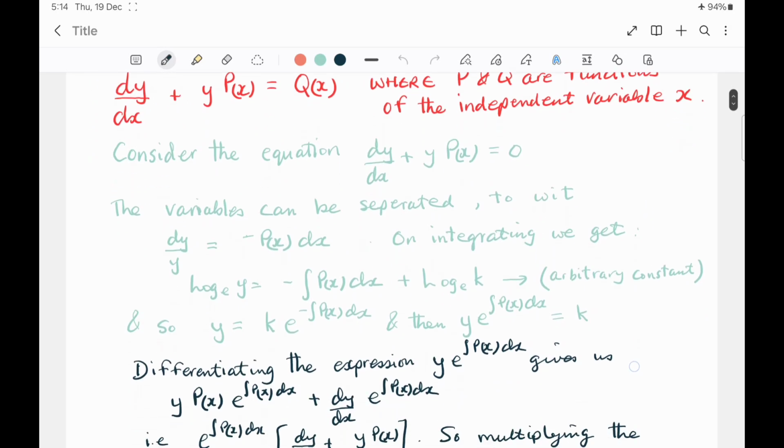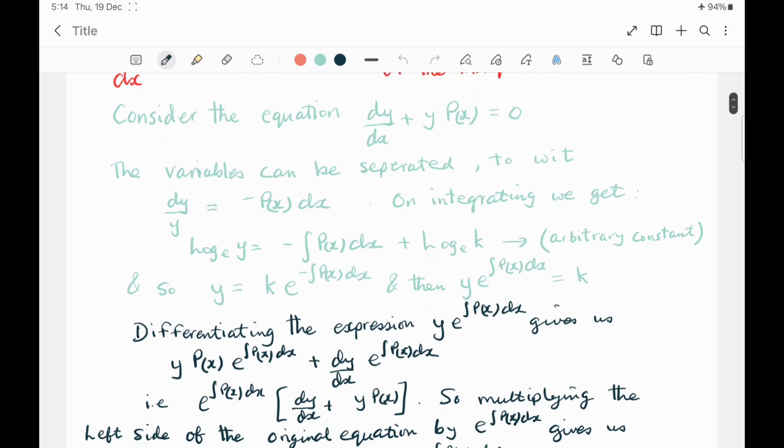And so, raising both sides exponentially, we get y equals k e to the minus integral p of x dx, and then multiplying both sides by the exponential part, we get y e to the integral p of x dx equals k.